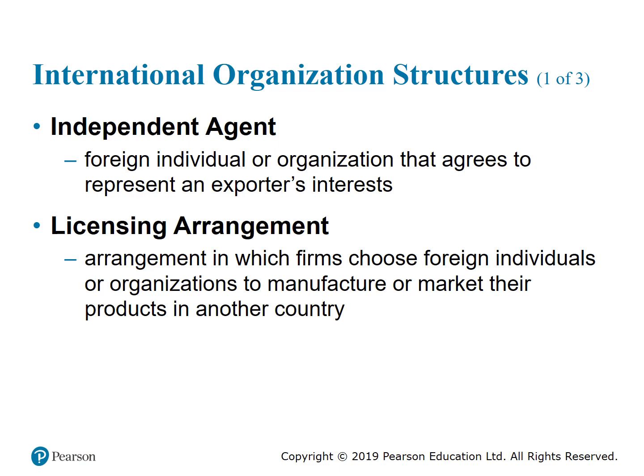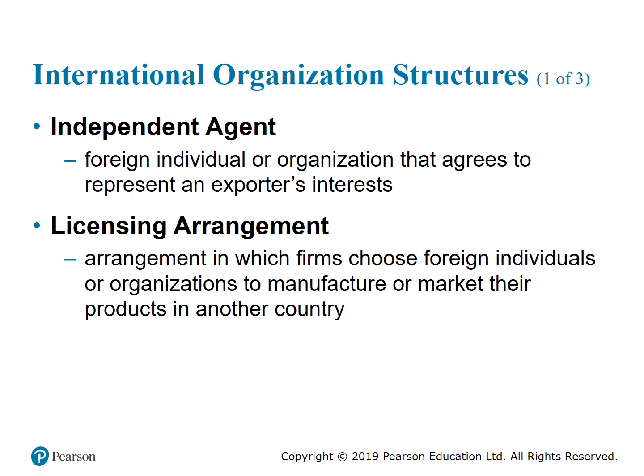The second international organizational structure is licensing arrangement. It is the arrangement in which firms choose foreign individuals or organizations to manufacture or market their products in another country. It is a legal contract between two parties, the licensor and the licensee.